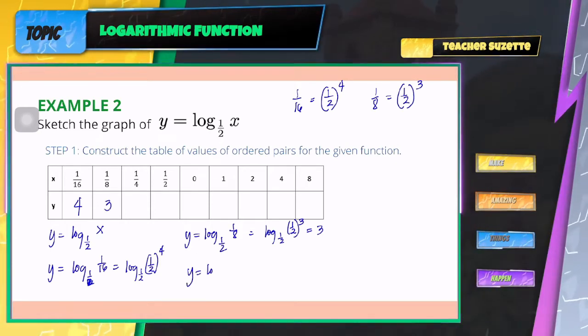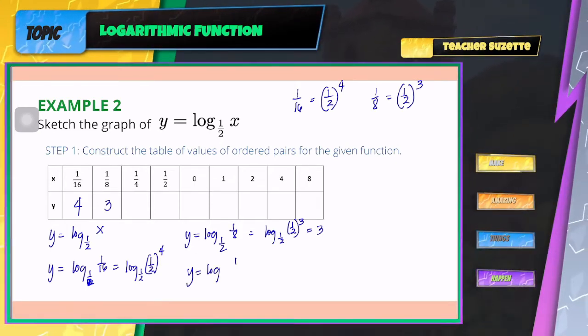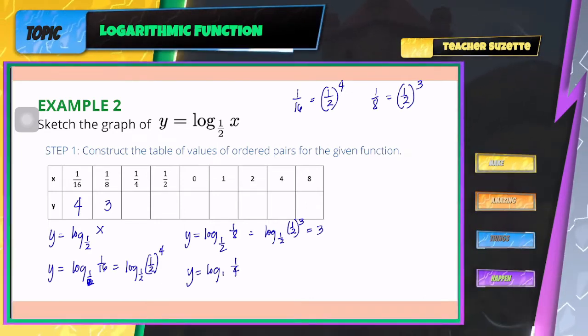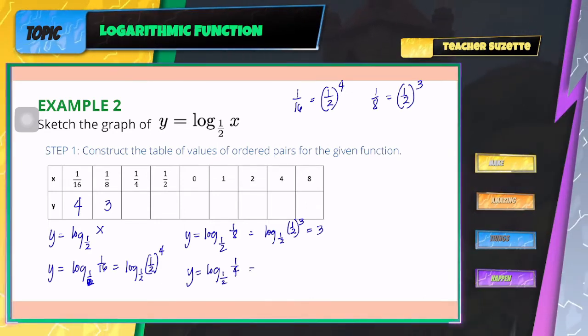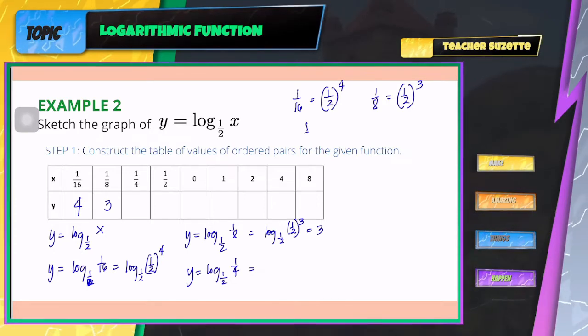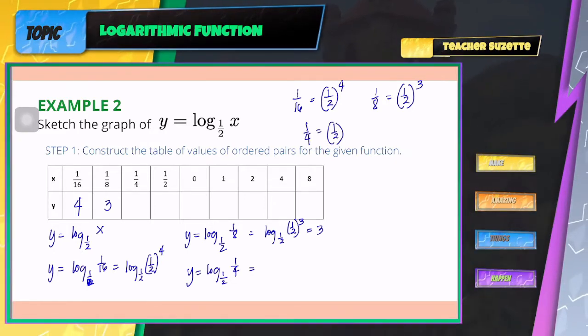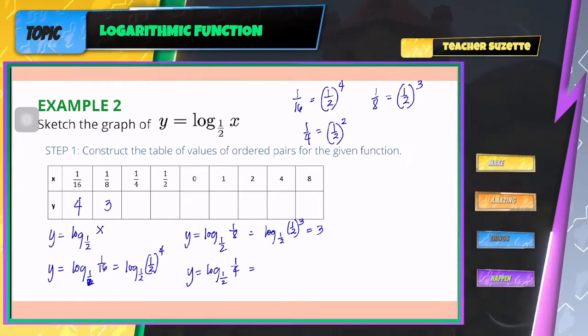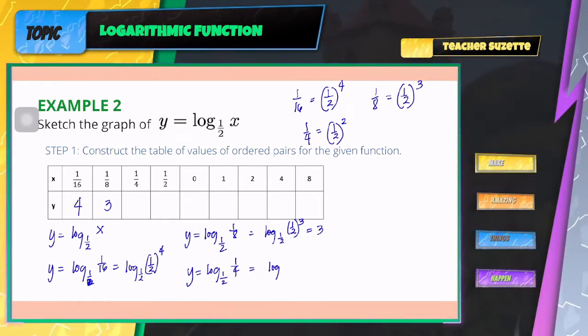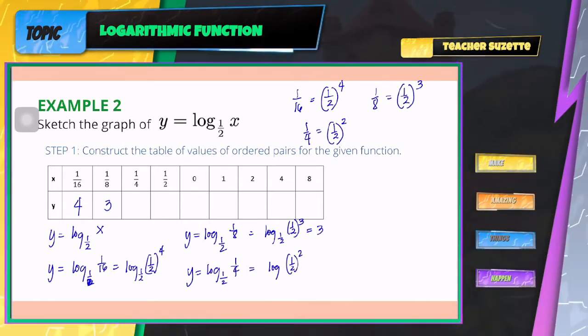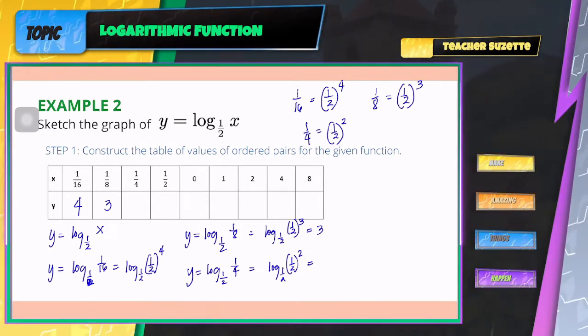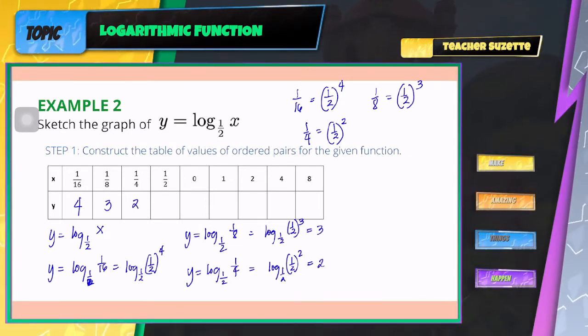Next, we have the logarithm of 1 over 4 base 1/2. So 1 over 4 can be written as 1/2 raised to 2. So that is logarithm of 1/2 raised to 2 base 1/2, which is equal to positive 2.